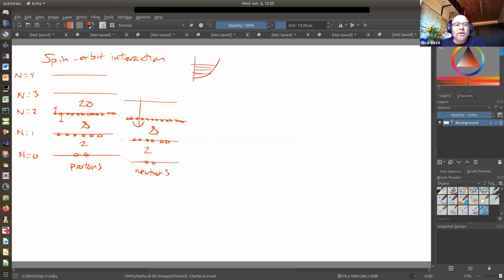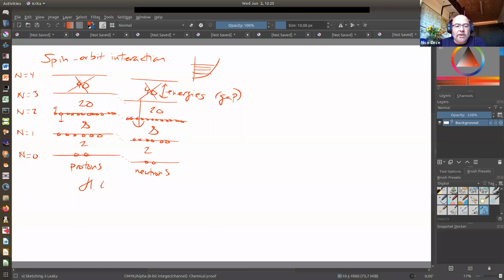So the same thing, 20 here and 40 here. Remember always these large energy gaps are the reason for us to have stable nuclei. As I mentioned yesterday, 40 is not a magic number, and the harmonic oscillator starts failing.